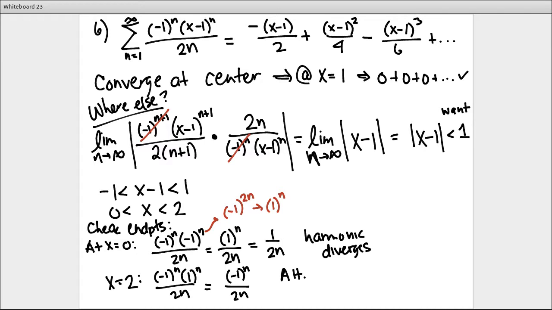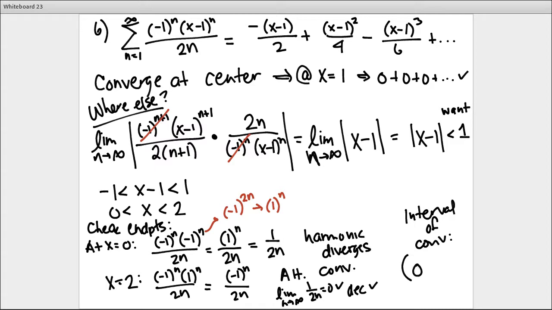The limit as n goes to infinity of 1 over 2n is 0, and the terms are decreasing, so the alternating series converges. So I'm not going to include 0. I am going to include 2, and so my interval of convergence is a soft parenthesis on the 0, but a hard bracket on the 2.